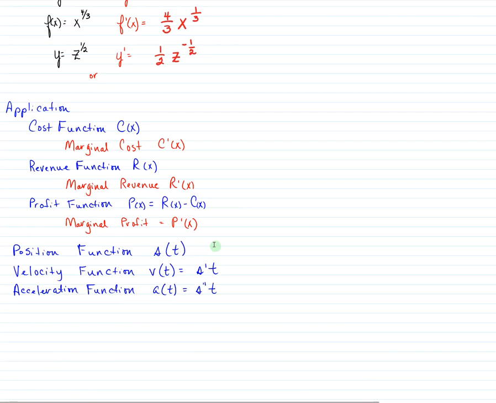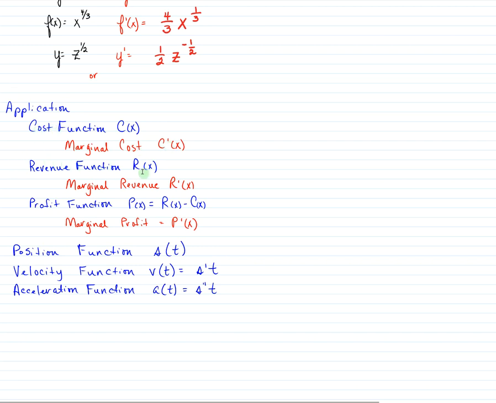And then there are some, go ahead and maybe write these down whether we have them in this section or not, as far as some application formulas. When you talk about the cost function of something, that has to do with revenue and profit. If you talk about marginal cost, that's the derivative of the cost function.